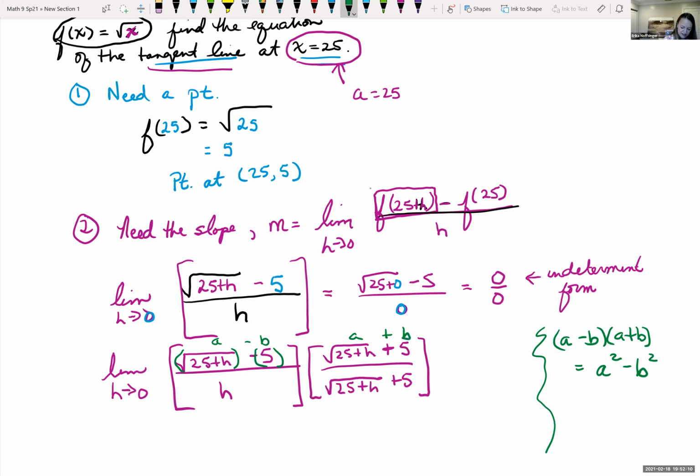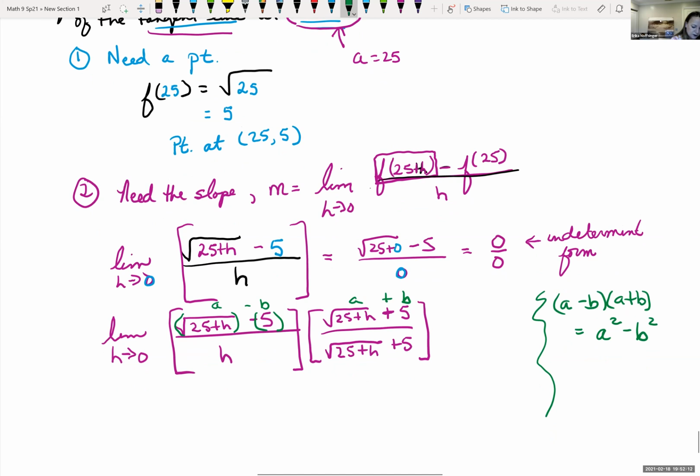When we expand that, we can just square the radical: the square root of 25 plus h, that quantity squared, minus our b value 5, that quantity squared.